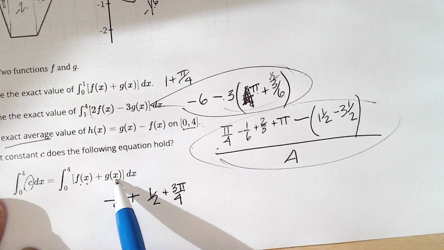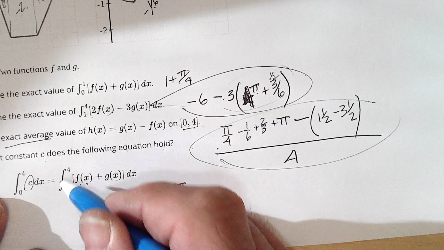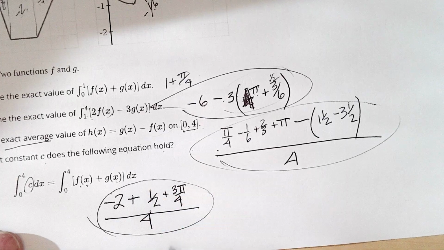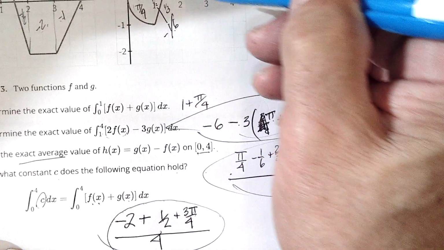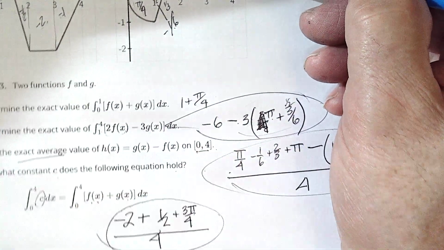That's under G from 0 to 4, and that divided by 4 gives you the average value, the value that you would have to stay at, so that if you multiplied it by 4, you would get the area under the curve.